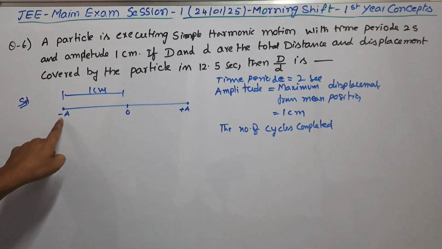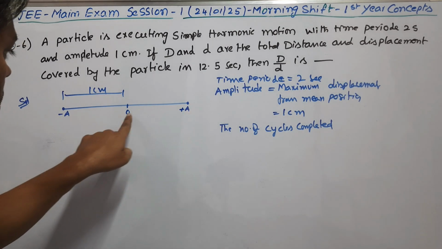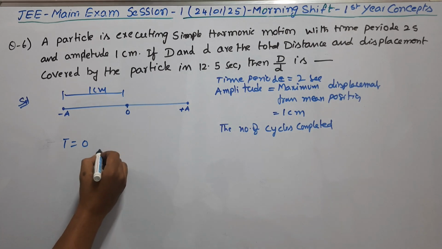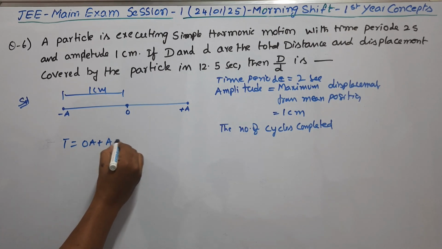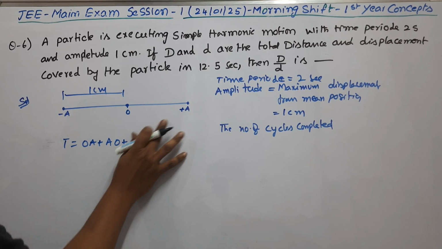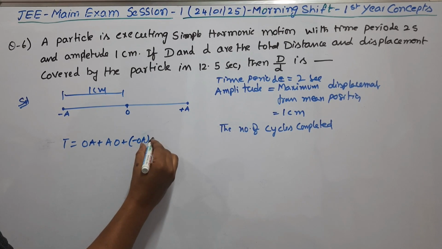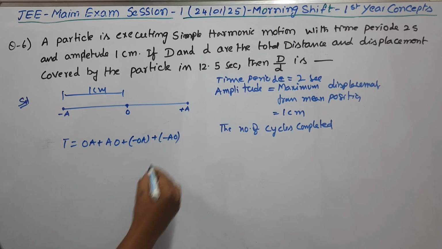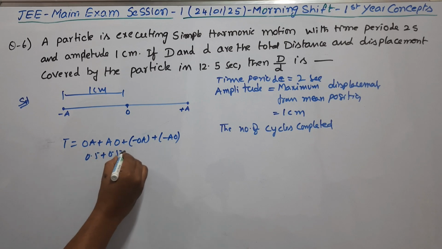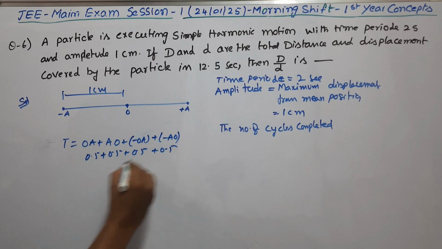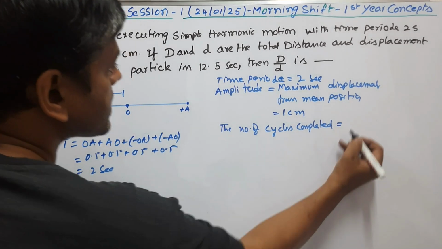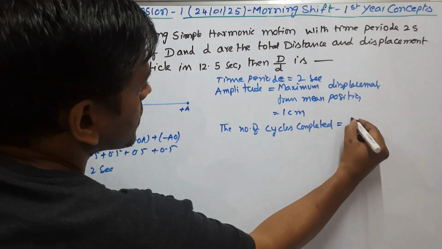Suppose it starts its motion from mean position O, O to A, then A to O, then O to minus A, then minus A to O, then we can say it completes one oscillation. So for each quarter it takes 0.5 second, and the total time period is equal to 2 seconds, isn't it?